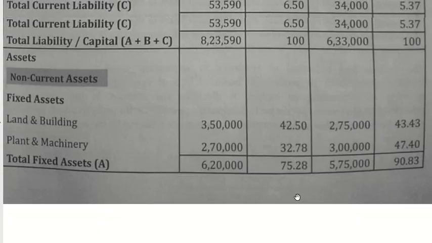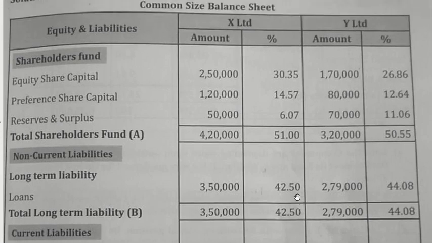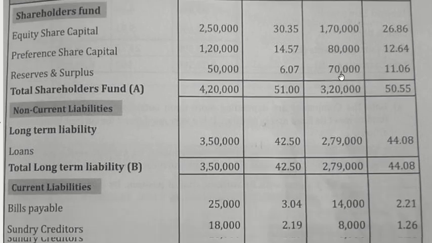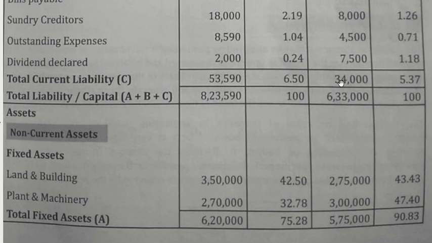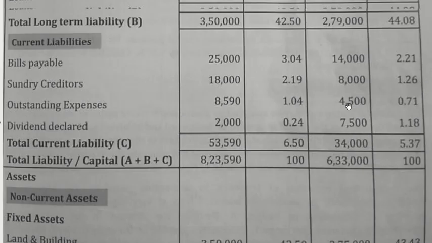Now let us move on to Y Limited. Since your denominator is the same amount, you can do it fast. Y Limited equity share capital is 1,70,000. What is your denominator? It is the total of your assets and liabilities, which is 6,33,000.